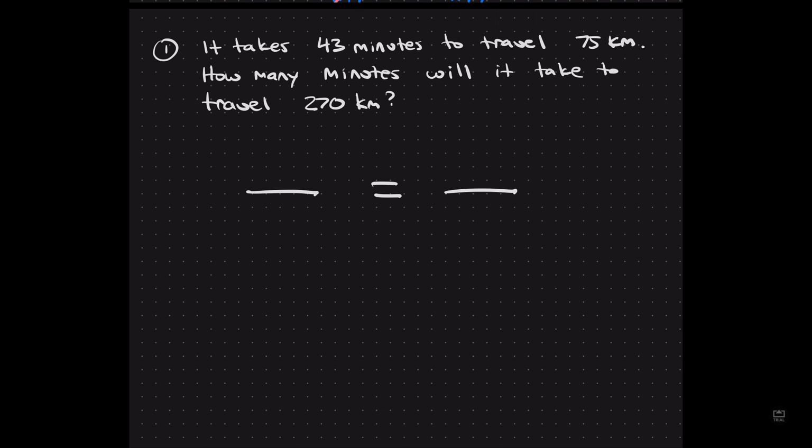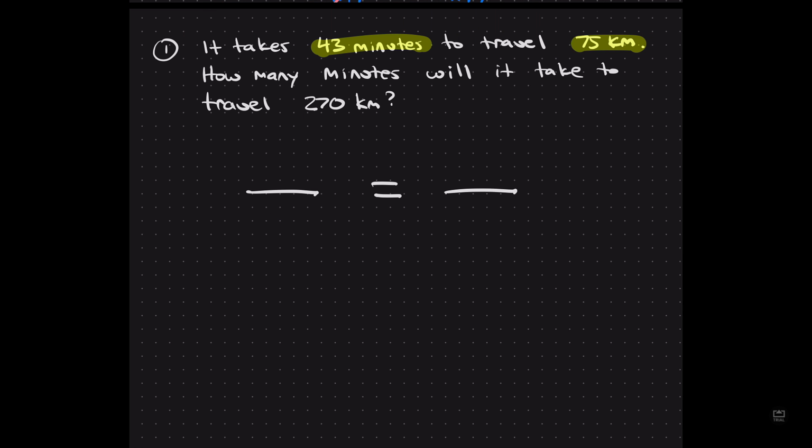And so I'm going to take a look at first that we're talking about it takes 43 minutes to go 75 kilometers. So it doesn't matter where I put the minutes and the kilometers. I could put 43 minutes up top right here and the kilometers on the bottom, or vice versa.